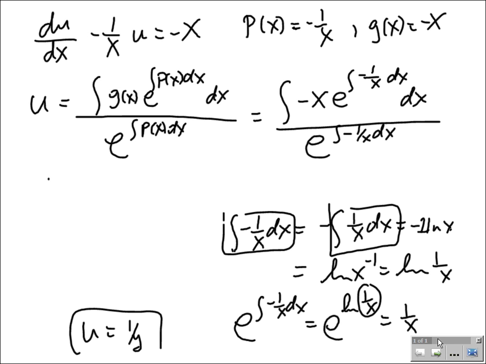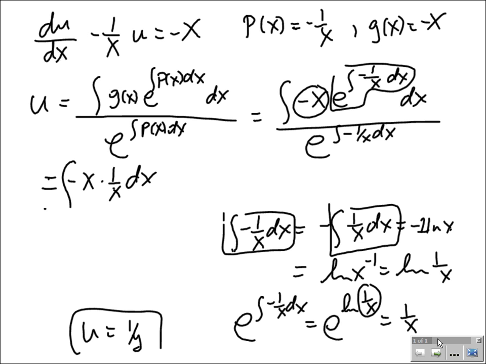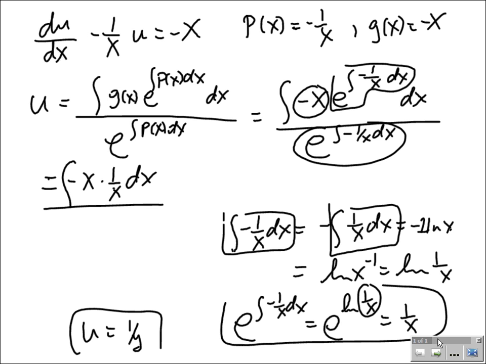So, what I get is the following. Negative integral of negative x times this. Well, that we just worked out. It's 1 over x, the integral dx, all over this, which we just worked out, and we discovered it's 1 over x. Okay, let me get rid of this side work.